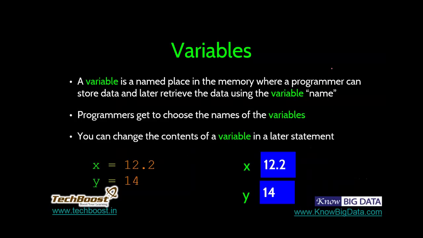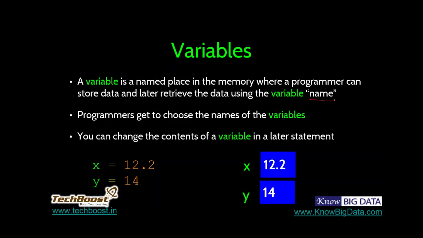Alright, what are variables? Variables, as the name says, have values that can change. It is a named place in the memory where the programmer can store data and later retrieve the data using the variable name.